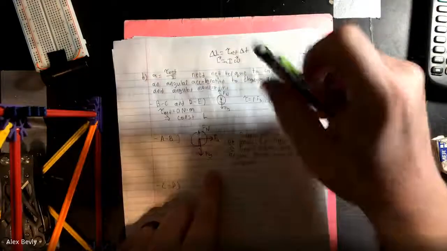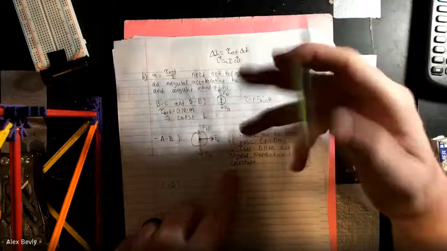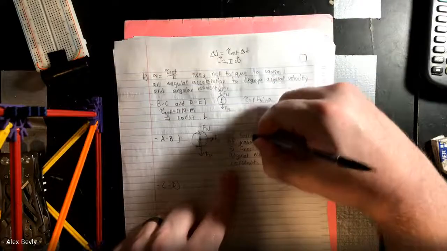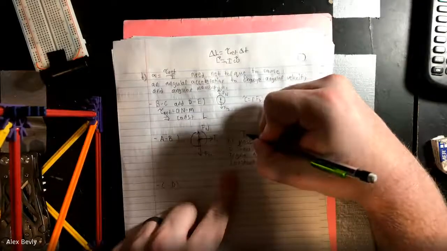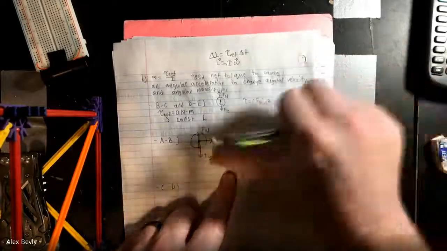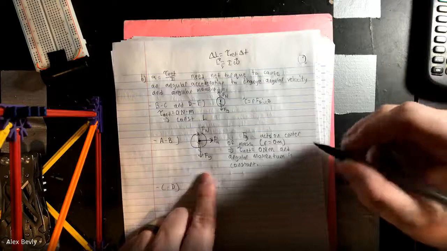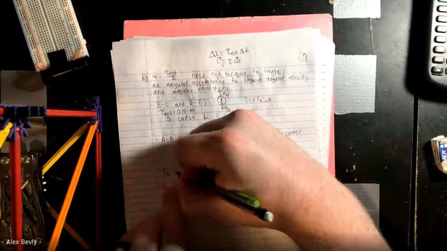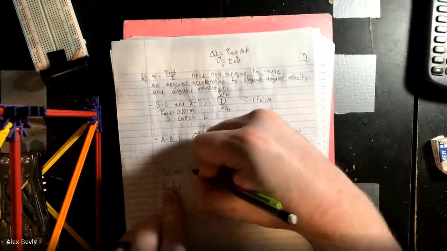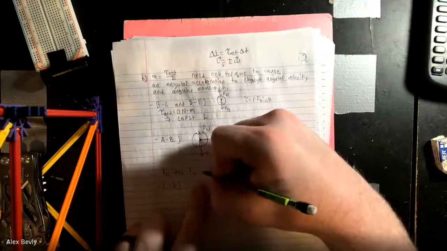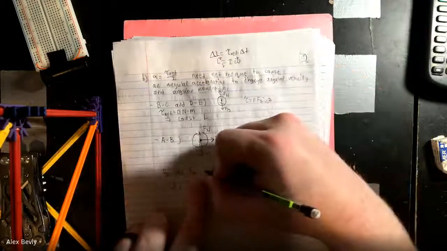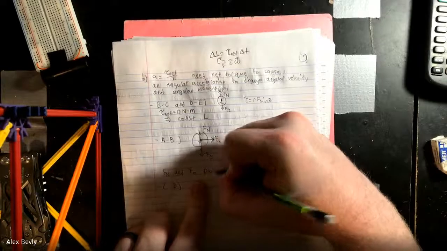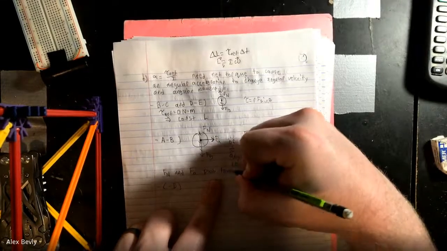All right, so not all forces, but the force of gravity acts on the center of mass. Then we would have to look at the normal force and the applied force. Normal force and applied force push toward the center of mass.